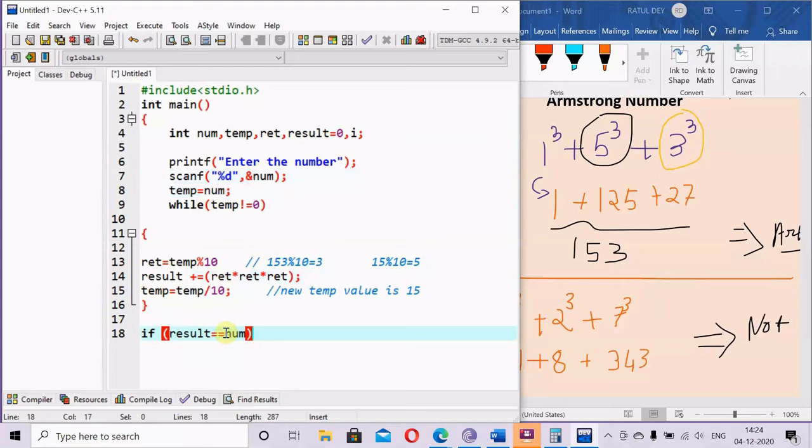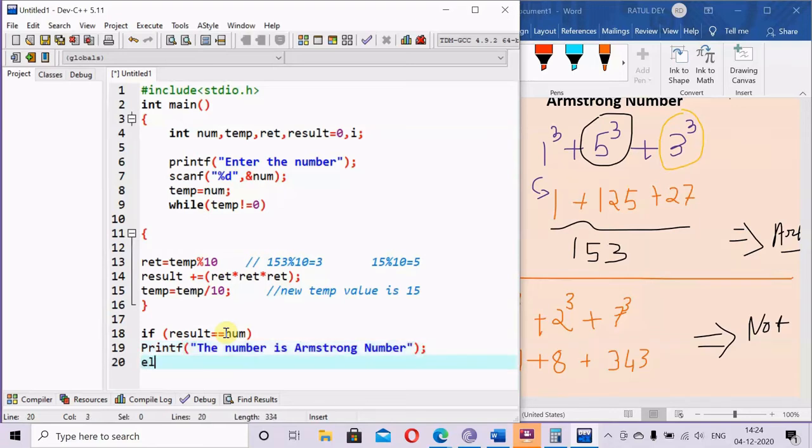If this is true, we printf within brackets: the number is Armstrong number. This is the else part.